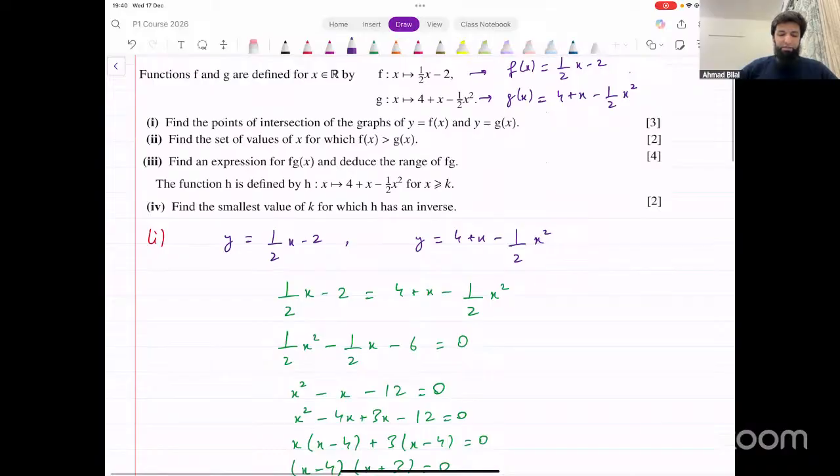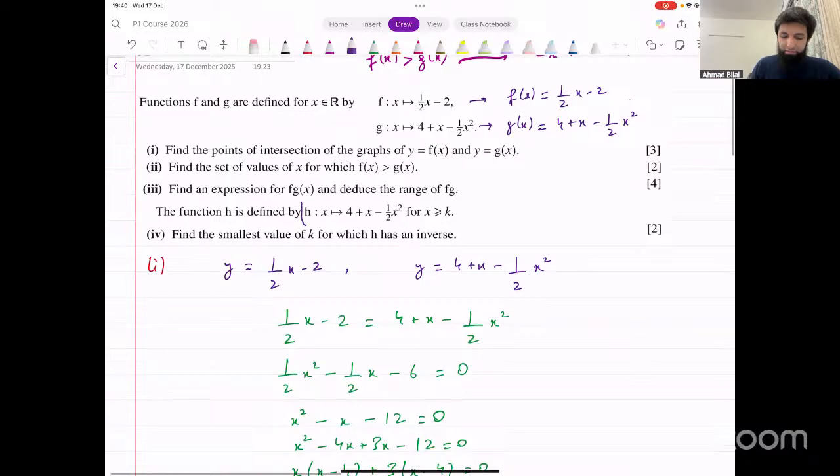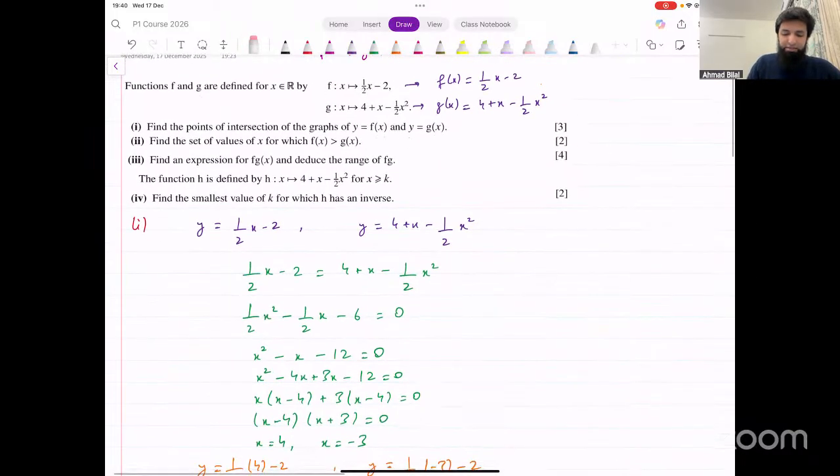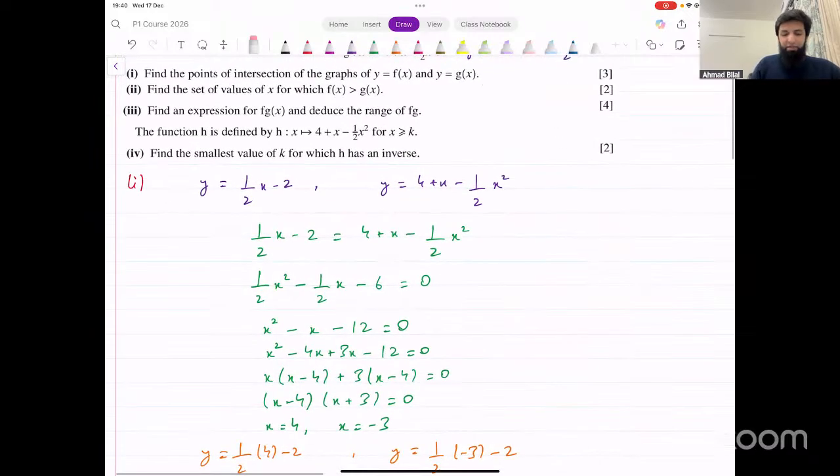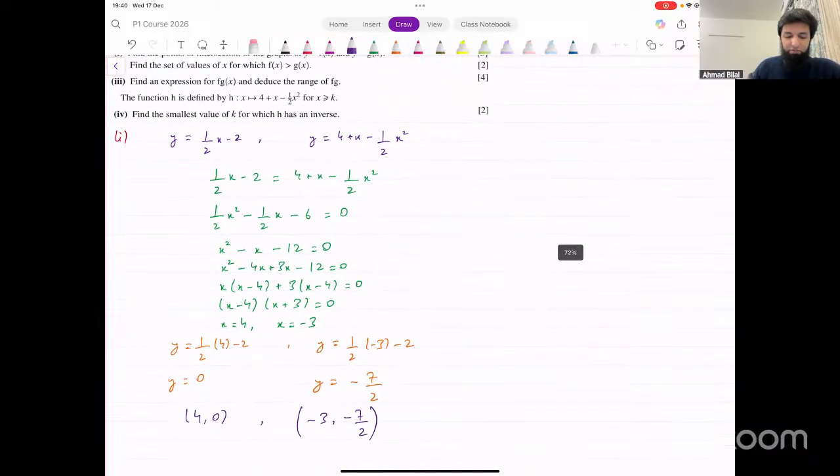Now it says there's another function h, and that is defined by this. Now you see it's the same expression that we had for g as well, right? It's that same expression. Find the smallest value of k for which h has an inverse. Okay, let me do it on the side so I have the question in front of me as well.